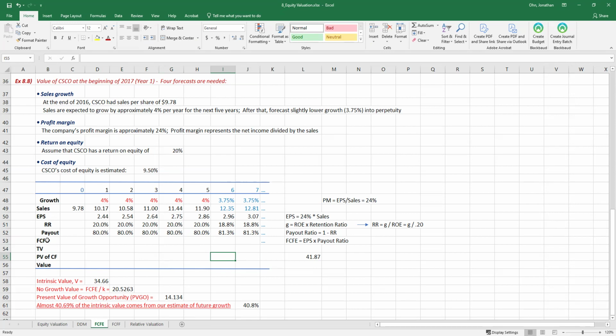The free cash flow to equity is nothing but net income, earnings per share, times payout ratio. That's it. This one times payout ratio is our free cash flow to equity. So copy and paste.